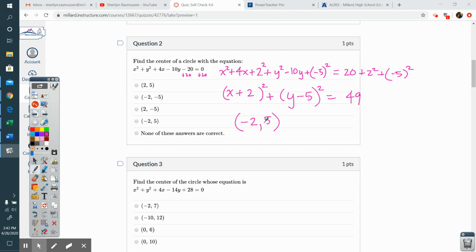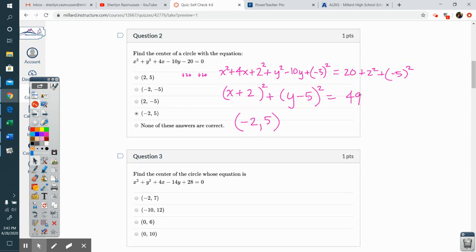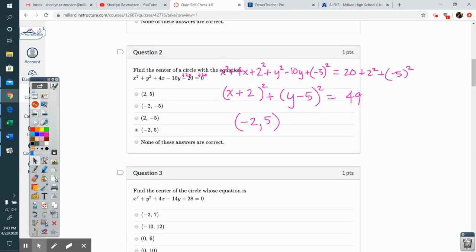So it's negative 2, positive 5 right here. So you'll click on that one. This is your radius squared. To figure out a radius, we'll do this later on, you take the square root of that, and the square root of 49 is 7, so your radius is 7 for this equation.